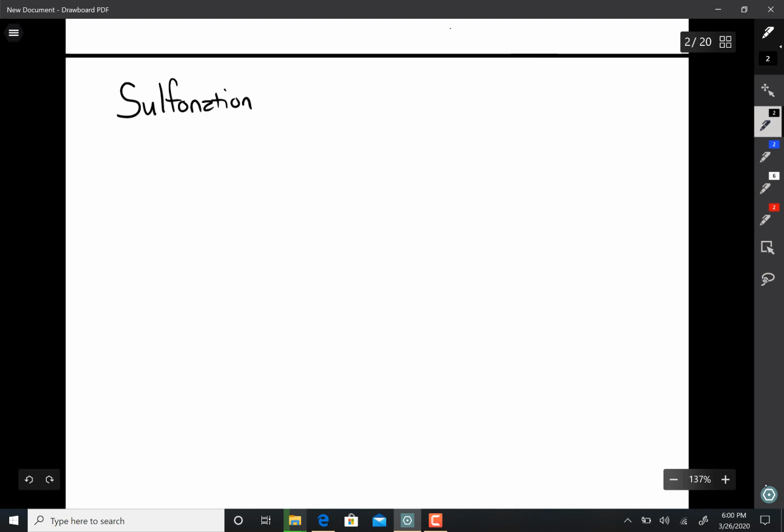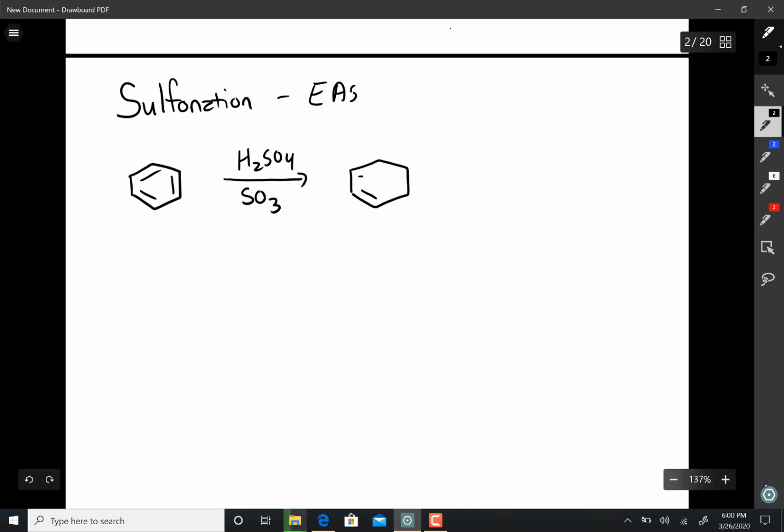Sulfonation is an example of an electrophilic aromatic substitution, where we add sulfuric acid and sulfur trioxide, and together these add a sulfonic acid group to a benzene ring.